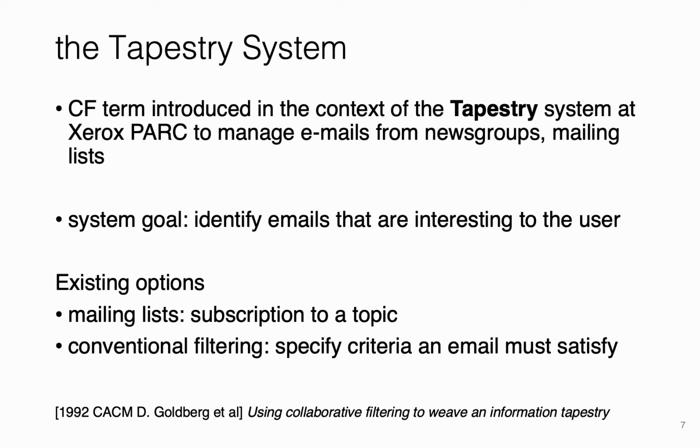A user had some available options, and these were mainly to subscribe to mailing lists, for example according to a topic, or to specify criteria that an email must satisfy in order to reach their inbox. This was the conventional filtering.